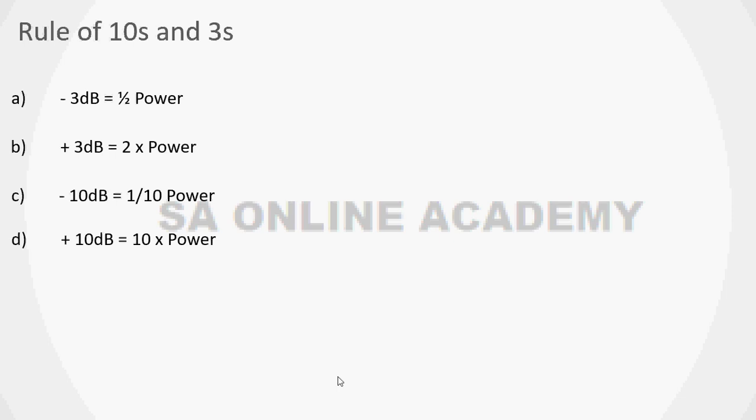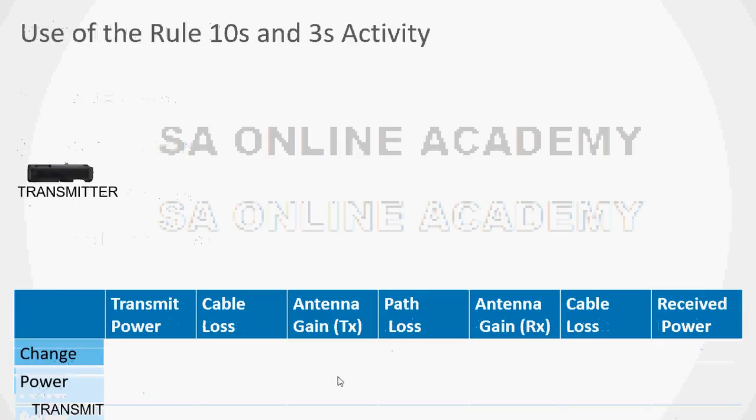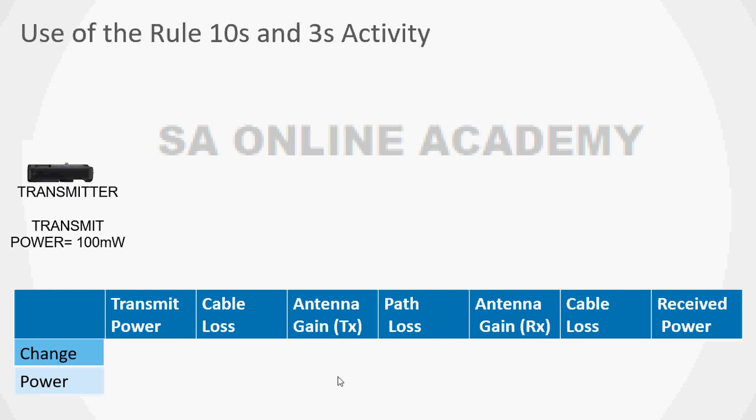These are the rules widely used by all WLAN engineers. Let's see with an example how these rules will be implemented. So this is one transmitter. This transmitter is transmitting power of 100 milliwatt.